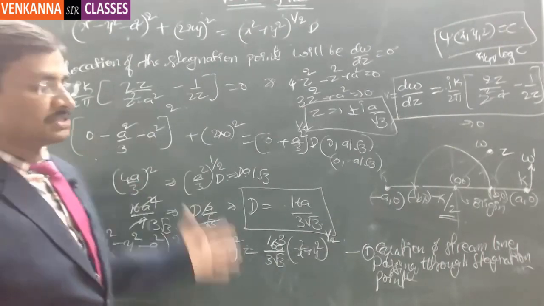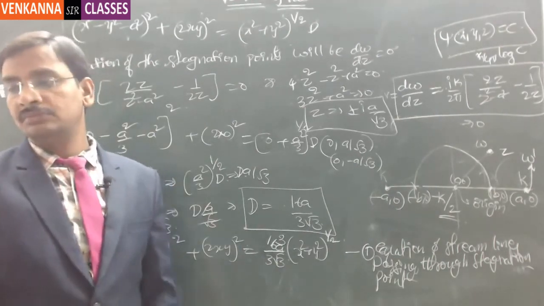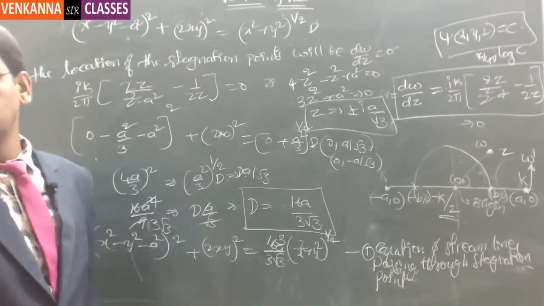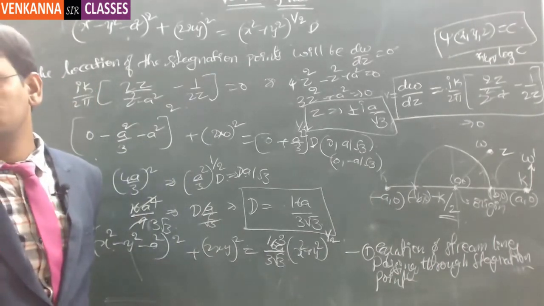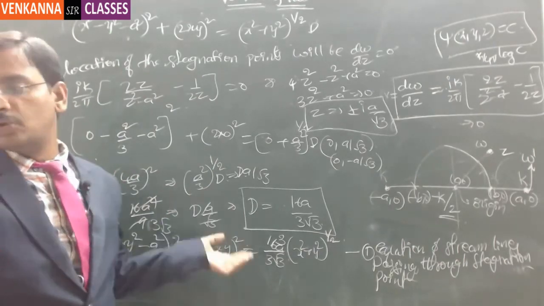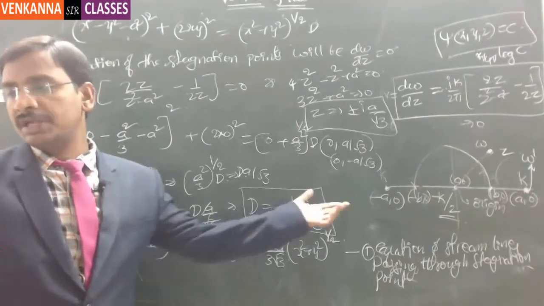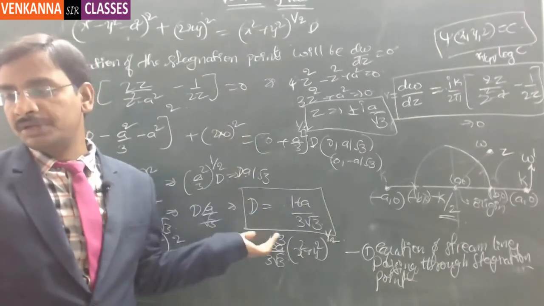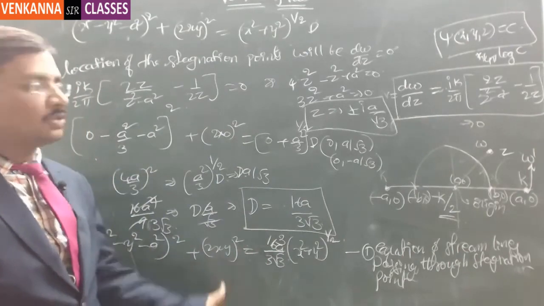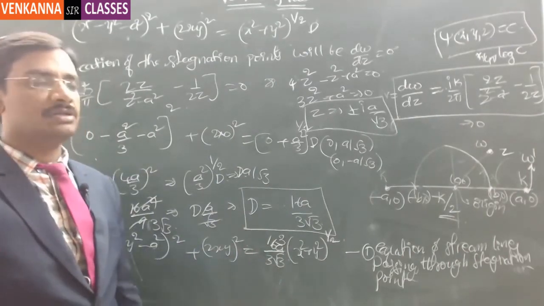Do you have any questions till this particular point? So this is a simplification, nothing more than that. We substituted the stagnation points, got the arbitrary constant value, and wrote the accurate equation by replacing this arbitrary constant.